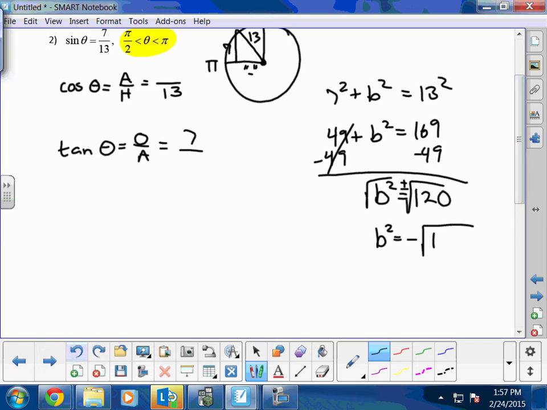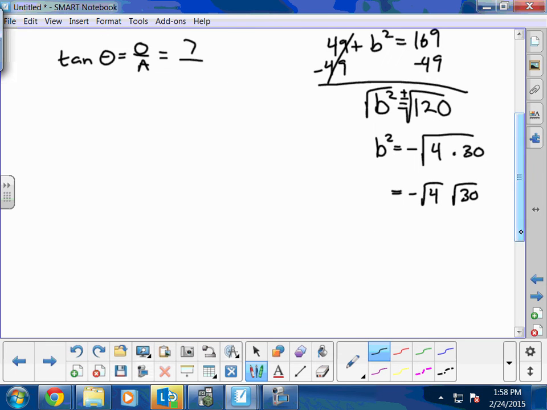I'm looking at 4 times 30, and the reason I'm bringing that up is because I'm going to simplify this a little bit more. The square root of 120 becomes 2 times square root of 30, which means that you have negative 2 square root of 30.